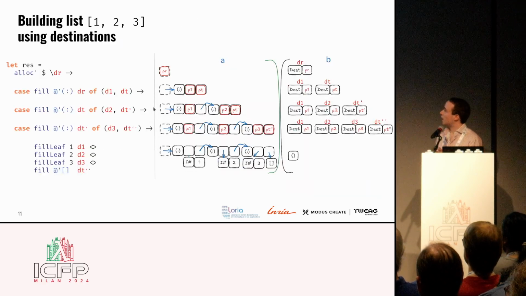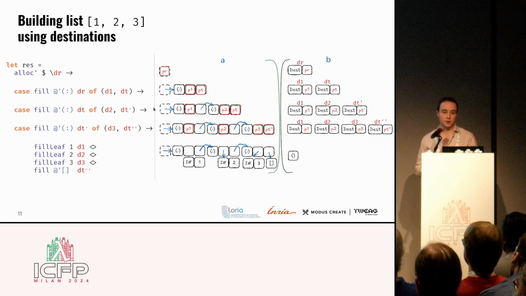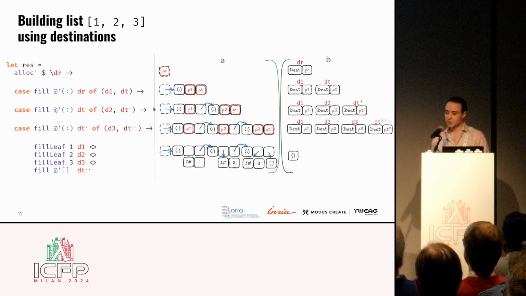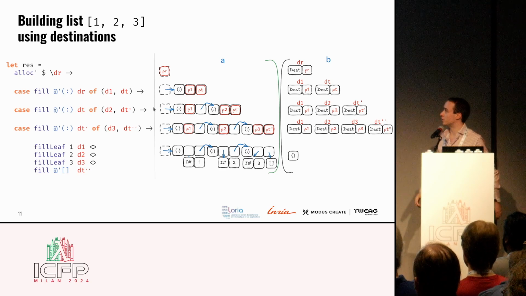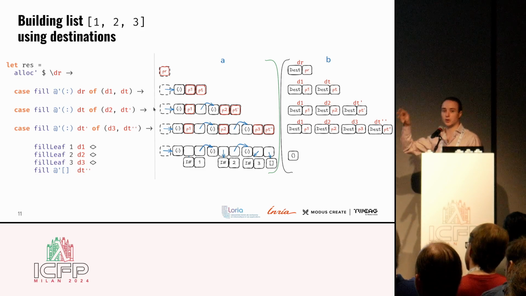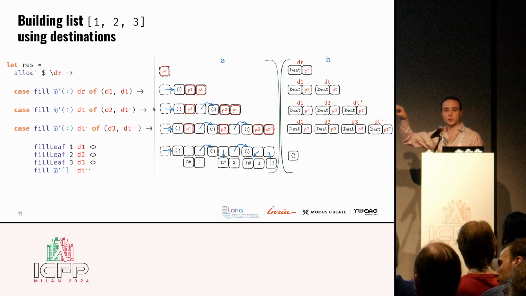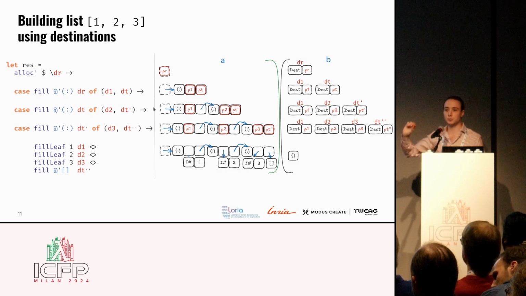In this slide, I will focus on how to use destinations to actually build the list 1, 2, 3. First, we use the allocPrim function that I will detail on the next slide. This function gives us a root destination, and we can consume this destination to build little by little the structure on the A side.